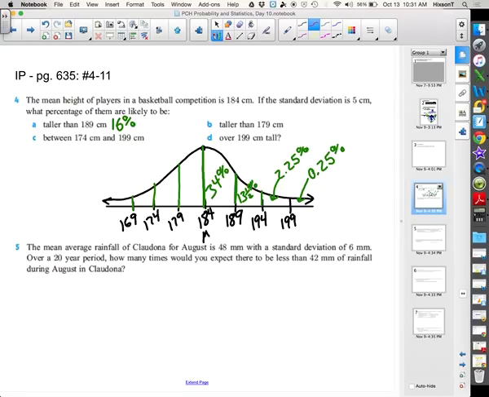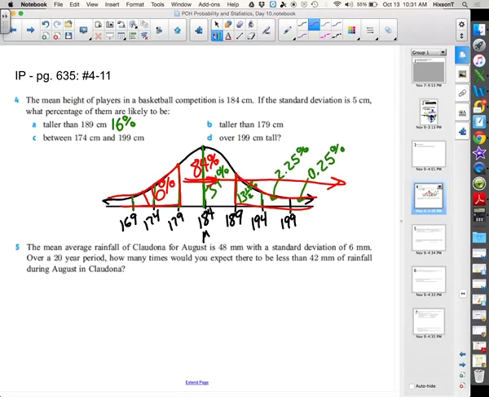Even though we were looking at above 189, that 16% is going to be the same as the percent beyond 1 standard deviation to the left, right? So if this was 16%, this is 16%. Which means 100 minus 16, we have 84%. Okay, if that goes all the way to infinity.